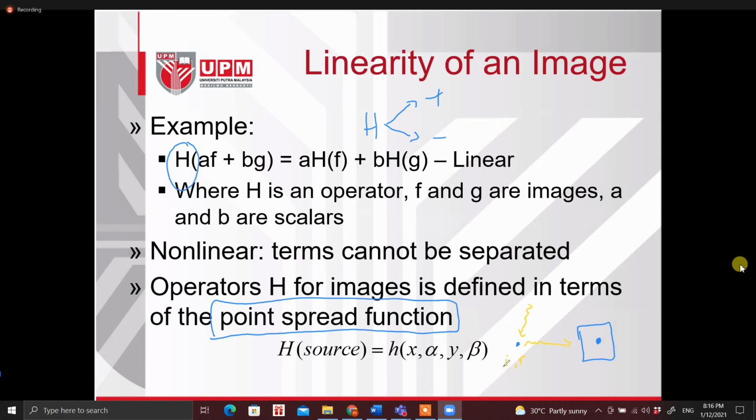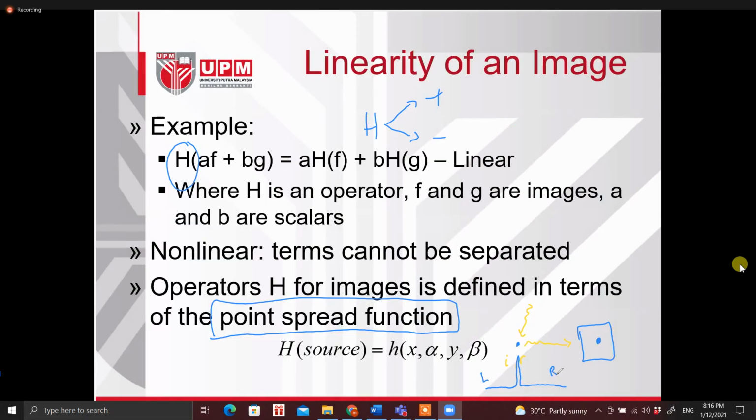So if I draw a cross-section profile from here to here, from left to right, if we have this profile as our image object, at the output image we may have a slightly wider image profile from left to right.